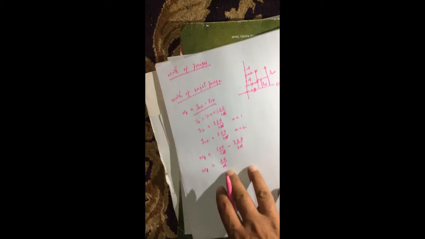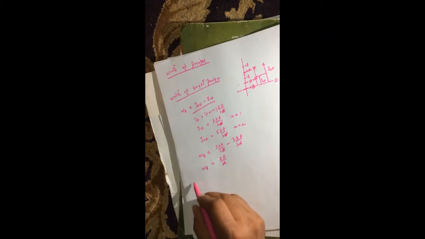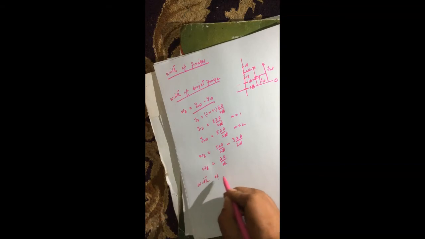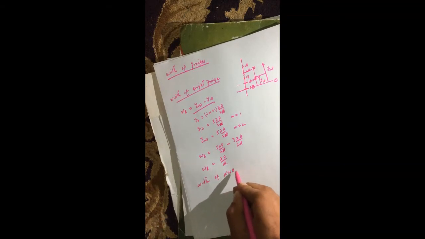Similarly, the width of dark fringe. Again I will plot my screen figure here. This is the central bright, this is the first dark, this is the first bright, this is the second dark, this is the second bright spot.